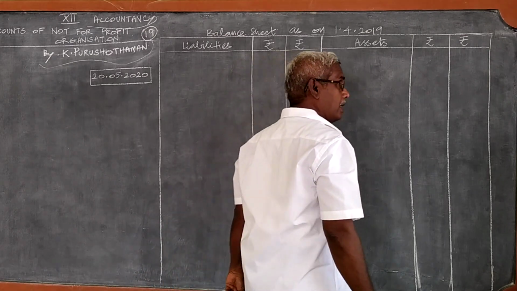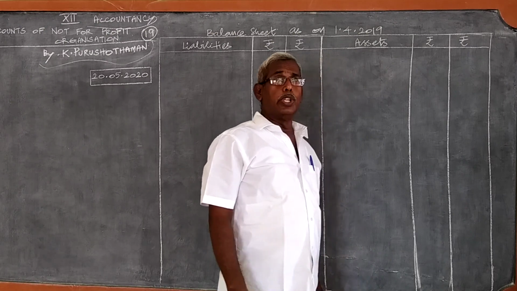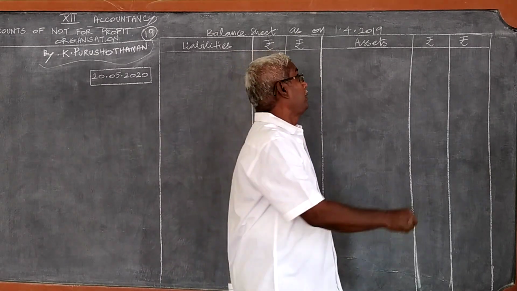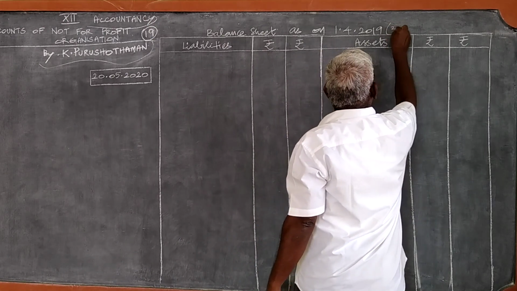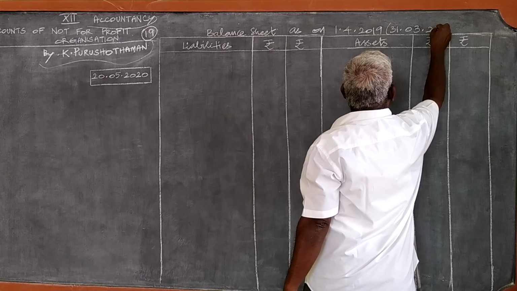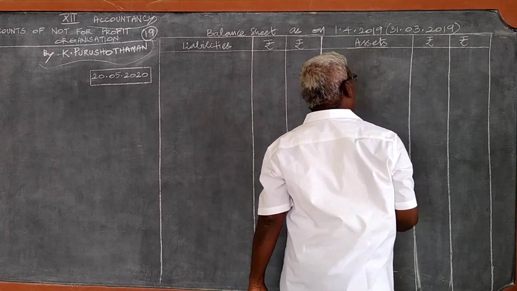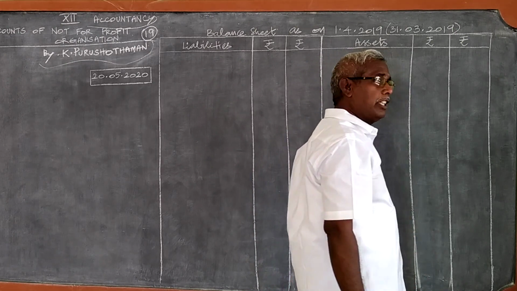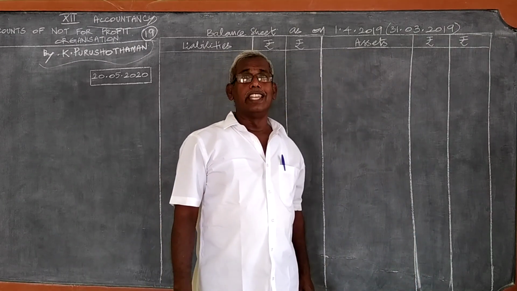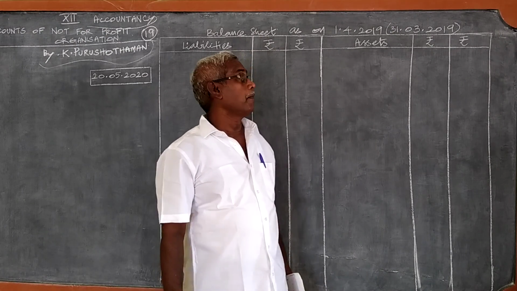2019. When you look at this date, you should remember that it is more or less equal to 31/3/2019. The balance sheet on the last date of March should be the balance sheet on the next day, that is April 1st of the same year.